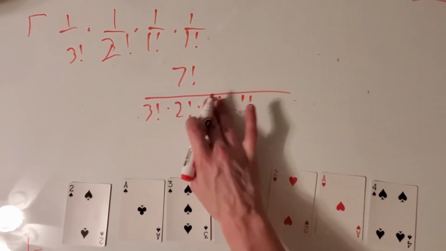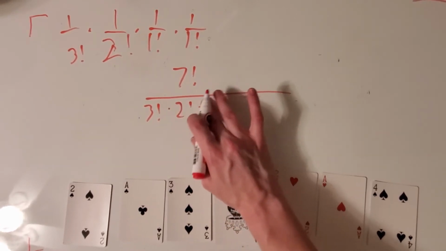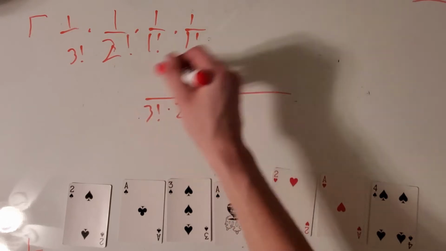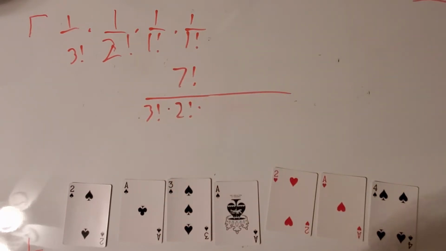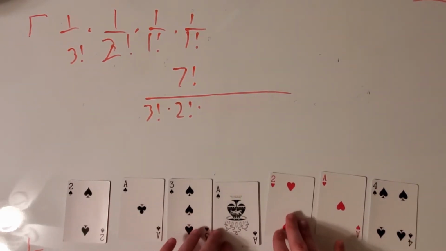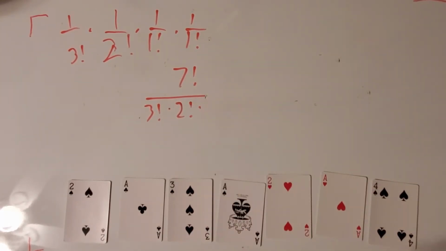But we really don't have to write down the 1 factorial part because it's a little bit redundant. So that is our answer, 7 factorial divided by the product of 3 factorial and 2 factorial. Not sure exactly what number that is, but it doesn't really matter for our purposes. This is our answer as far as I'm concerned.